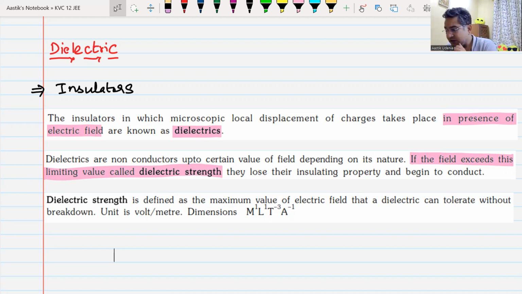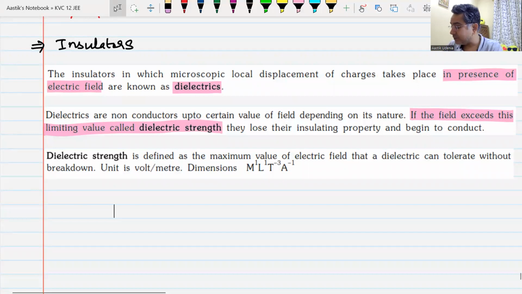One are known as polar molecules and the other are known as non-polar molecules. Any idea about polar and non-polar molecules? Yes, sir. So everything is made up of atoms and molecules, and there will be two types of dielectrics, polar and non-polar. Understand this?